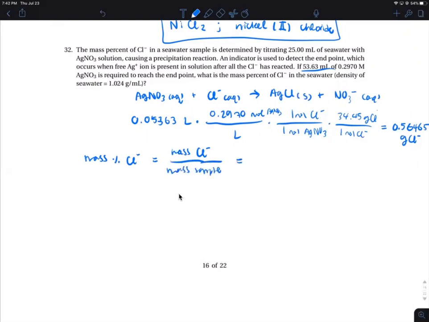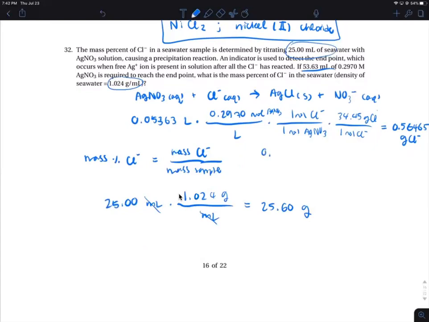We had 25 milliliters of seawater, and we're given its density, so we can convert into grams. 25 milliliters times 1.024 grams per every milliliter. It's going to give us around 25.60 grams. So now we have all the relevant information.